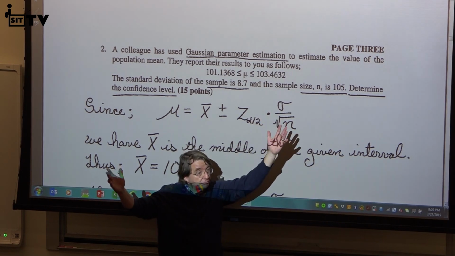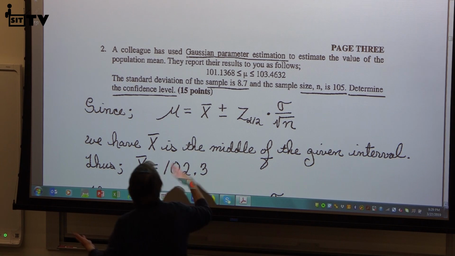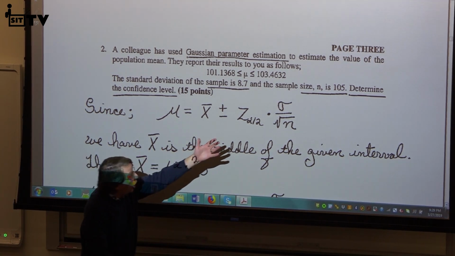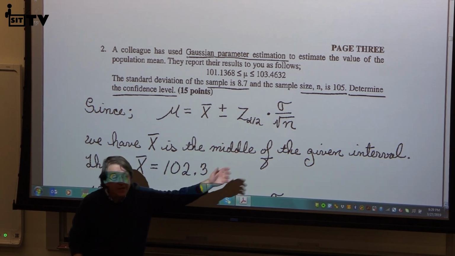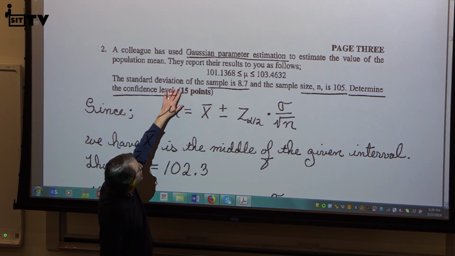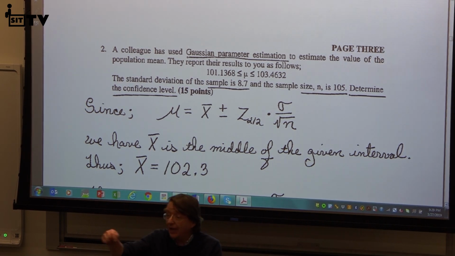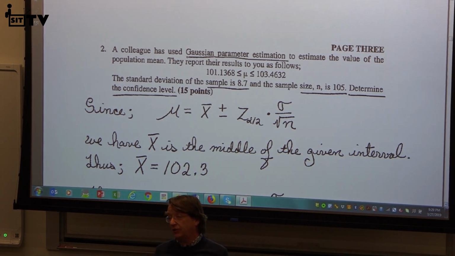And you say, okay, that's pretty impressive. And we say, how many of them did you measure? 105, that's n. What's the standard deviation of the sample? So you have your sample, and we're going to measure all of them. Take the standard deviation.